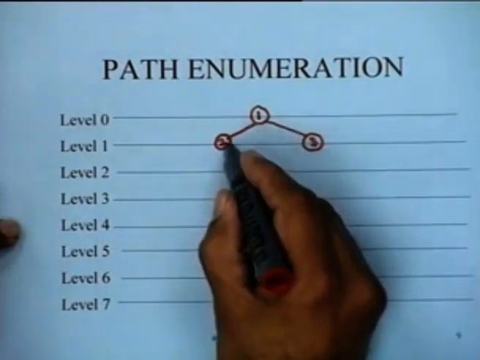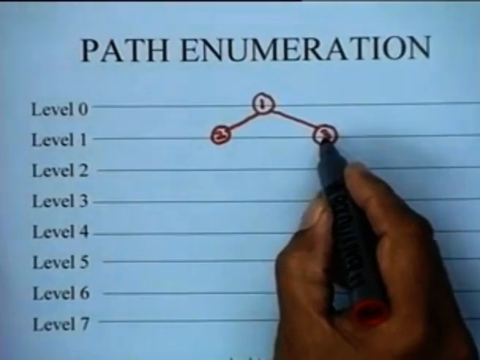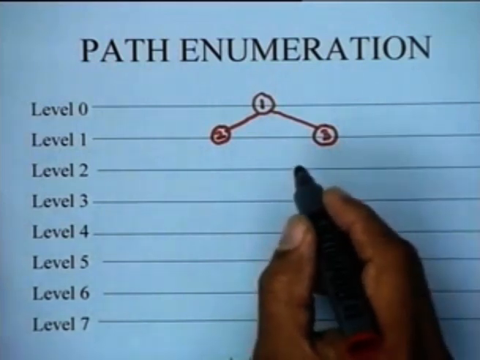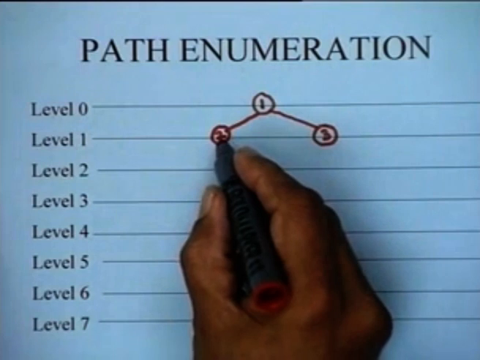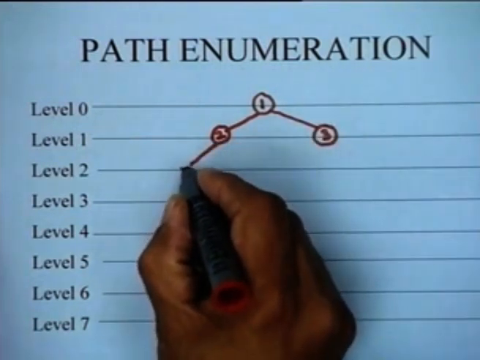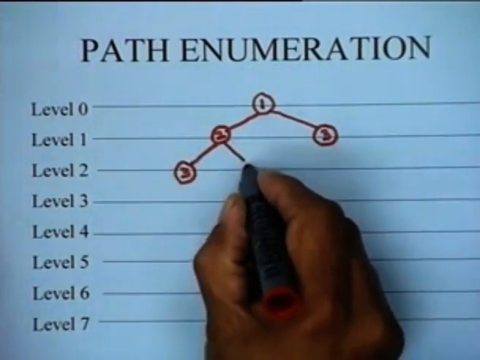So, I can identify that from 1 I can go to either 2 or 3. When you look at the network, from 2 you can go either to 3 or to 5.